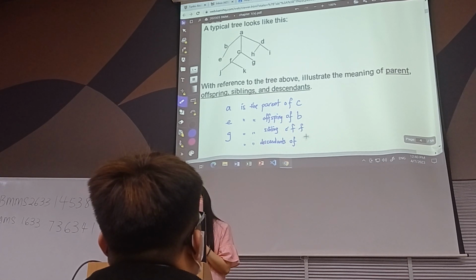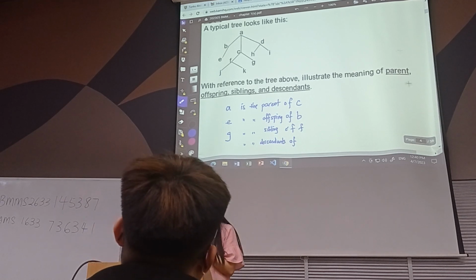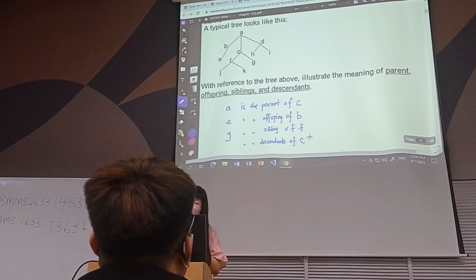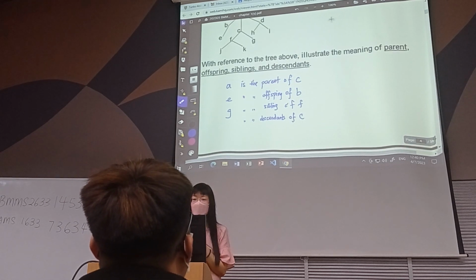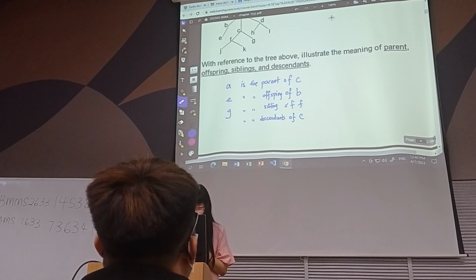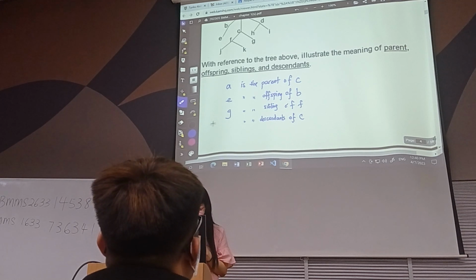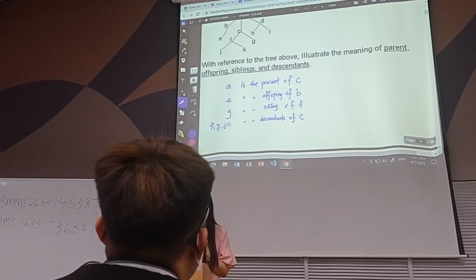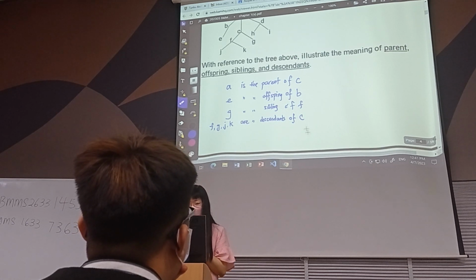Descendant of A. And descendant of C. Which one? C. All the children and the grandchildren, right? So you have F, G, J, K. Are the descendants of C.